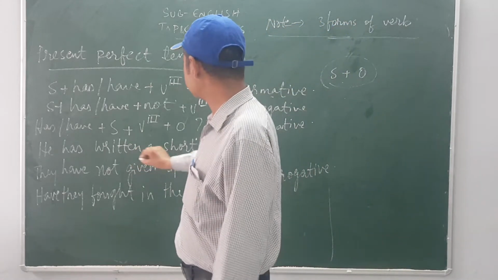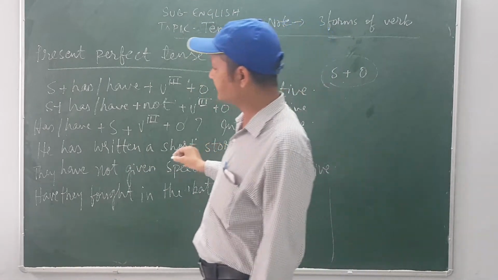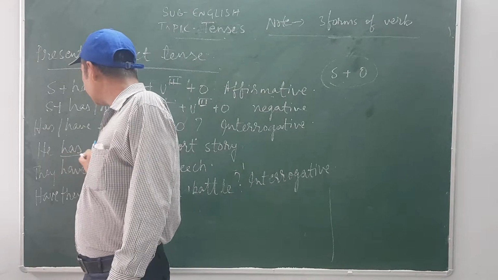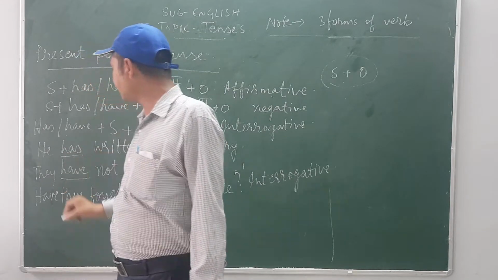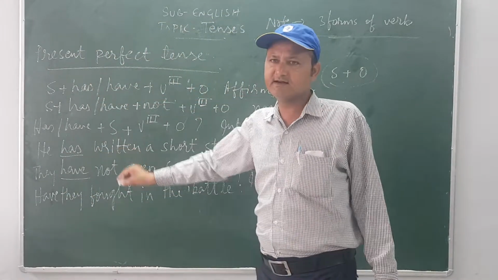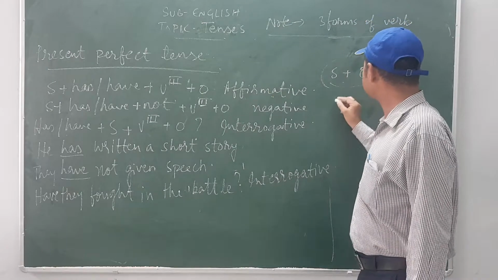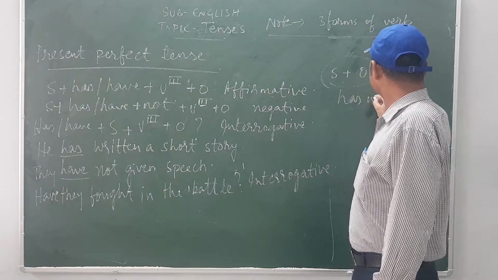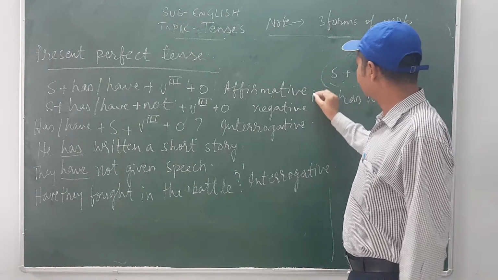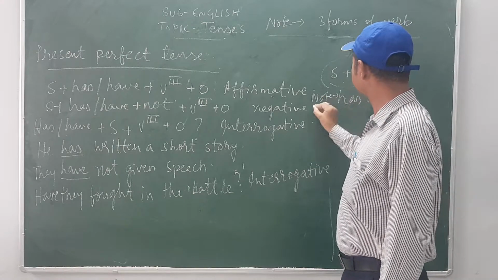He has written a short story. You can see here I have used has and have. Why and where are we going to use has and have? You can write a note here.